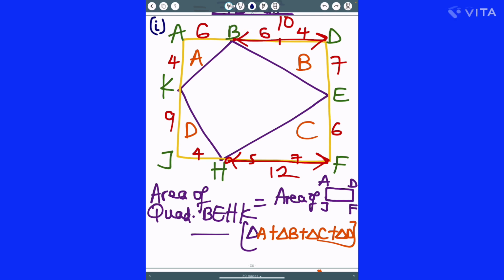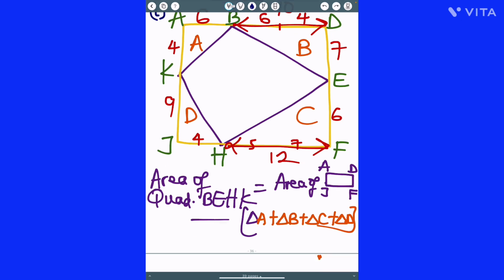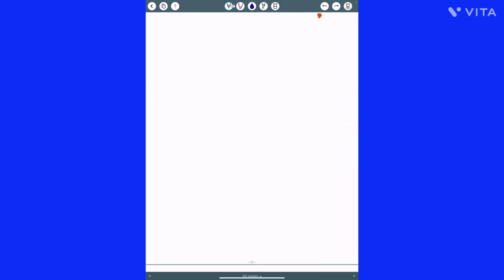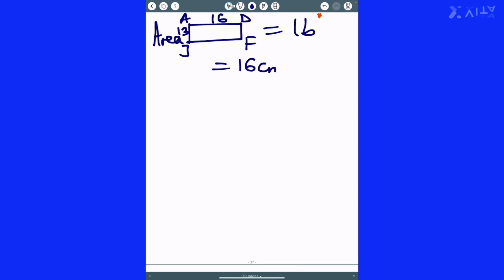What's the area of rectangle ADFJ? It's 16 centimeters for length by 13 centimeters for breadth.